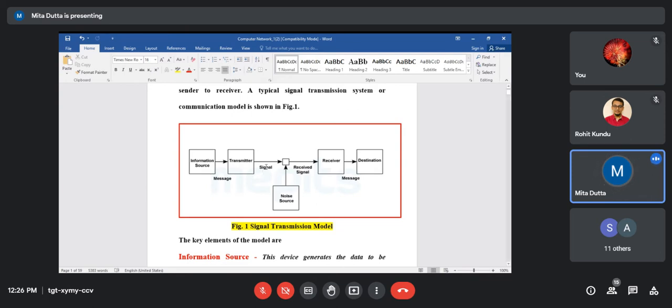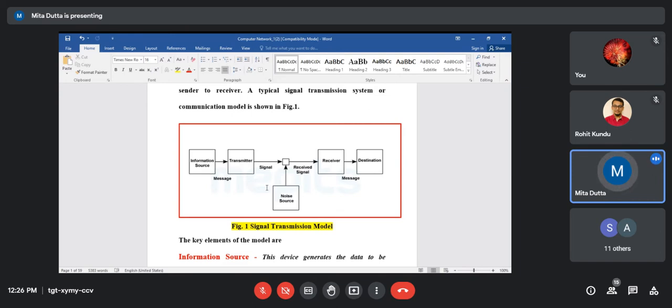That can be divided into two categories. One is analog voltage transmission and another is analog current transmission. This will be the analog transmission of baseband signal.